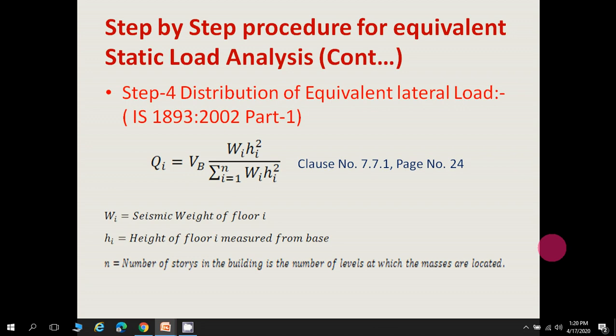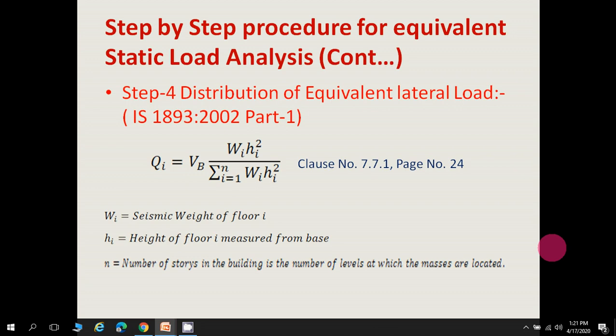Wi is the seismic weight of the floor at level i, and hi is the height of floor i measured from the base, and n is the number of stories in the building, the number of levels at which the masses are located. From this we can distribute the equivalent lateral load amongst the different floors.